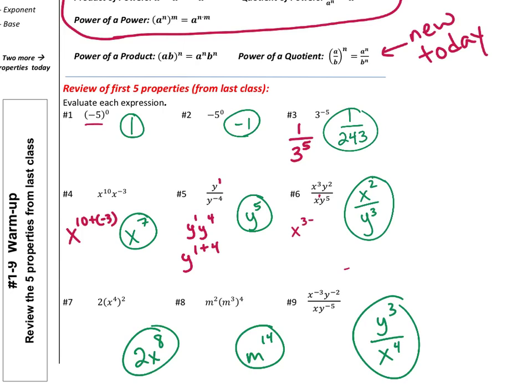So it'll be the top minus the bottom. For the y's, the larger exponent is here on the bottom. So I'm going to leave this one here, and I'm going to bring this down and subtract. So that will be y, 5 minus 2 power. So that's where I get my 3.